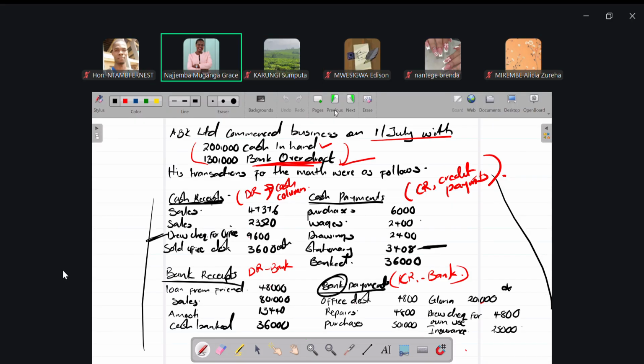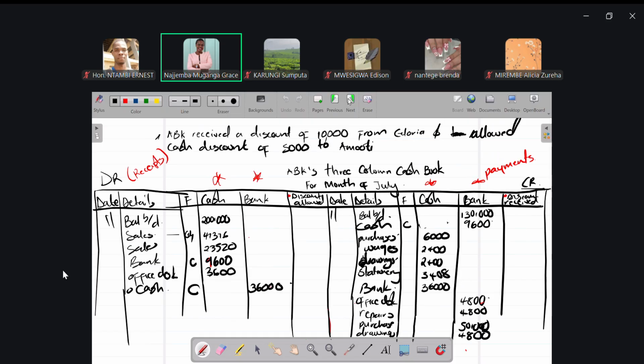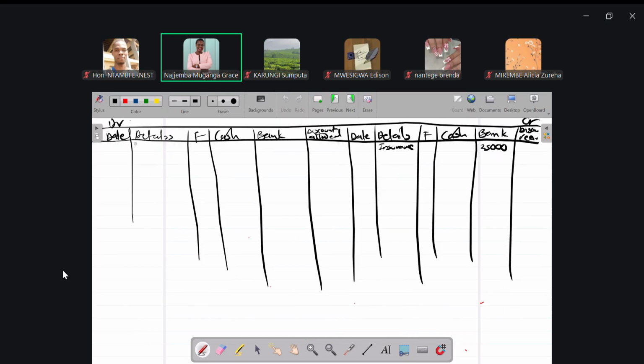Okay, let's post a loan from a friend of 48,000. We are receiving a loan in the bank. So details, loan under the bank column.